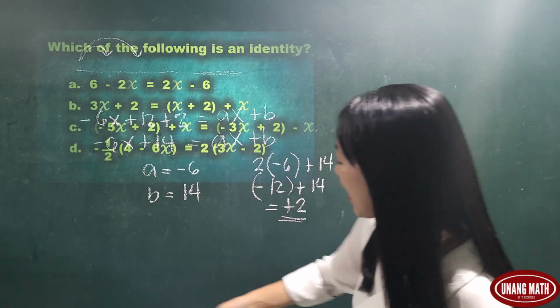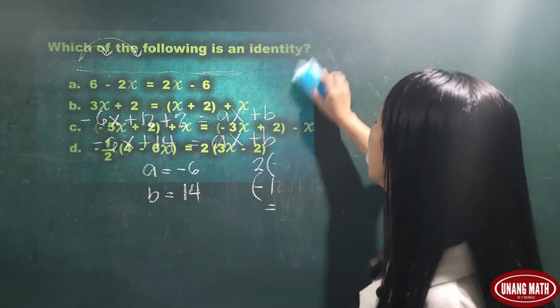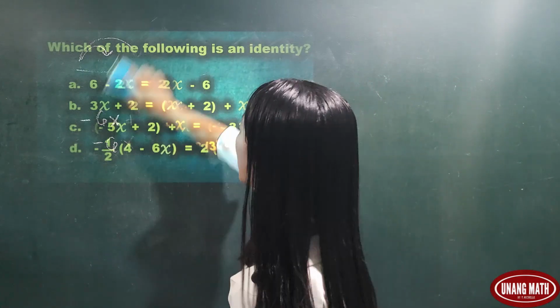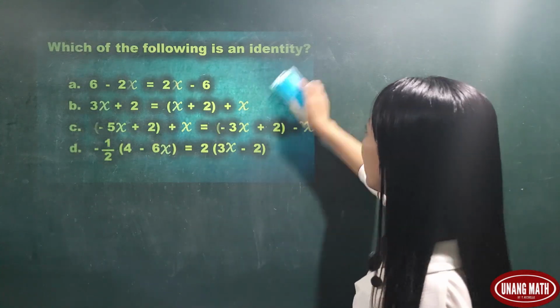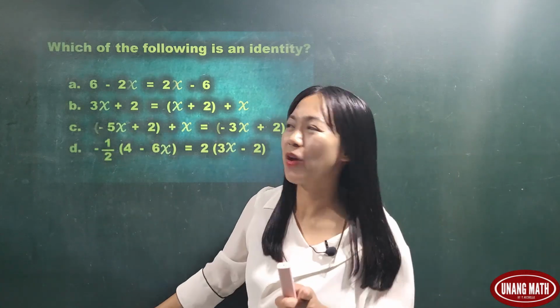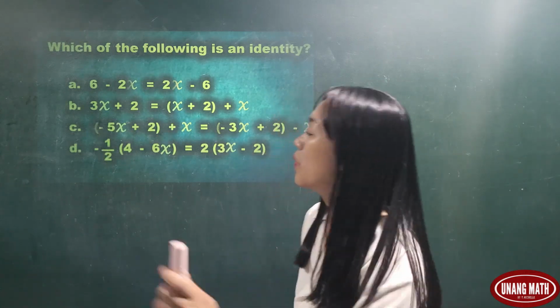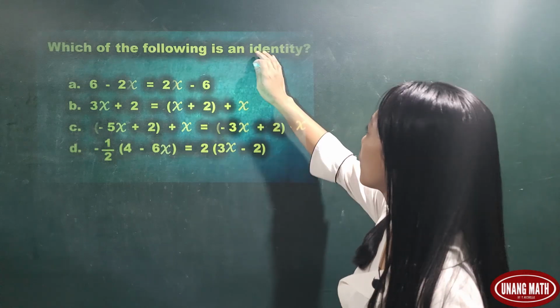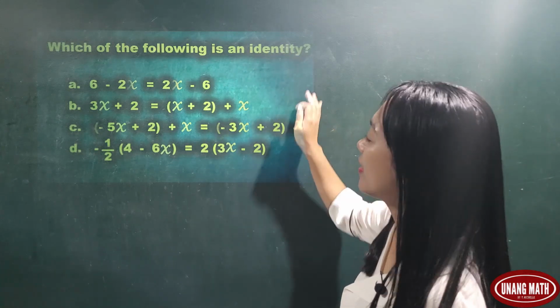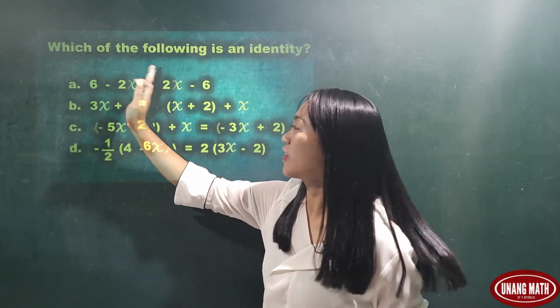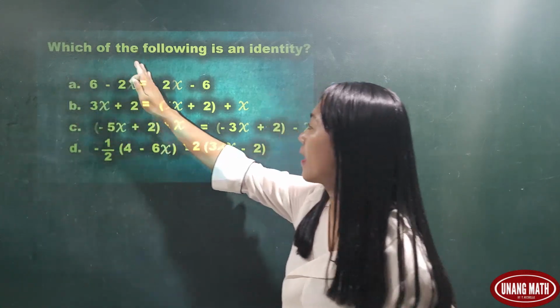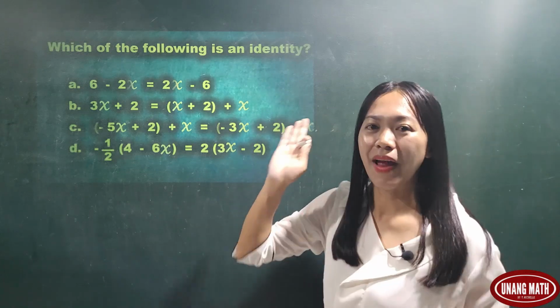Let's take a look at this third problem here. This one is for you to answer. Which of the following is an identity equation? In order for you to find out which is an identity equation, compare the expression on the left side and the expression on the right side.